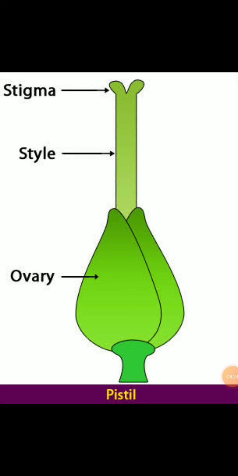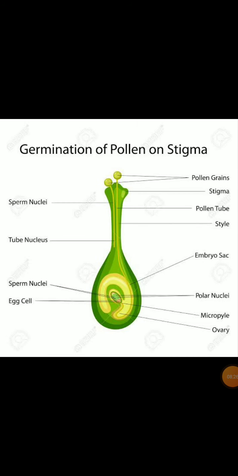Now, what happens? The male germ cell produced by pollen grains fuses, means combines, with the female gamete present in the ovule. So there is fusion of the male gamete from pollen grains and the female gamete, which is the egg cell.